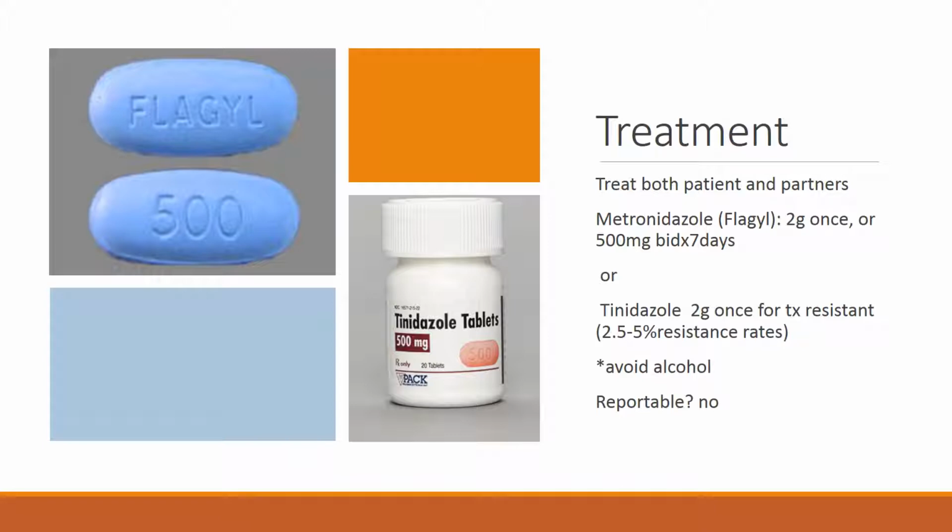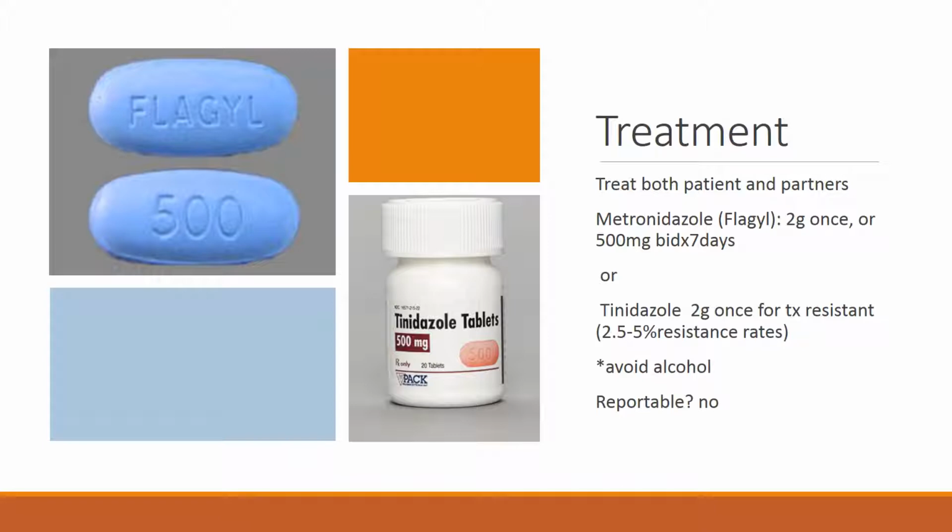If they're not in the hospital setting, you kind of have the option. You could do the 2 grams one time, or you could do 500 milligrams twice a day for 7 days. The 2 grams one time really can cause a lot of nausea and make people not feel so hot. So given the option, a lot of people would rather just take it over 7 days.